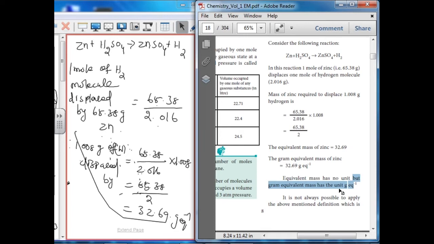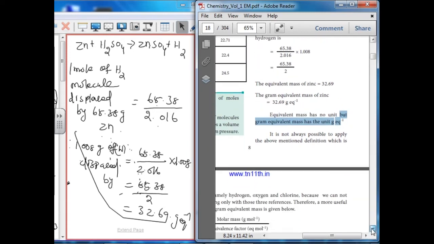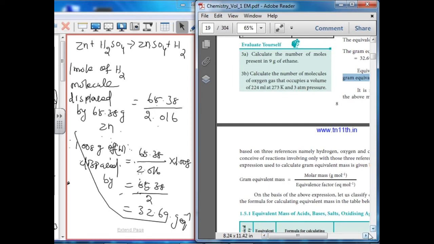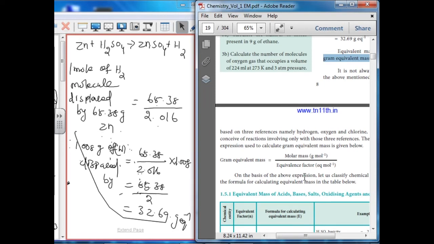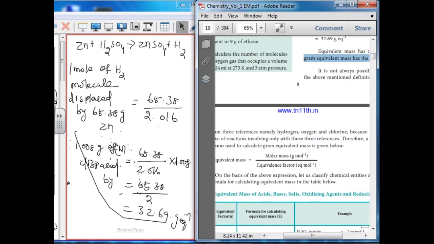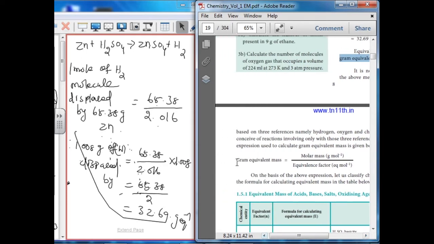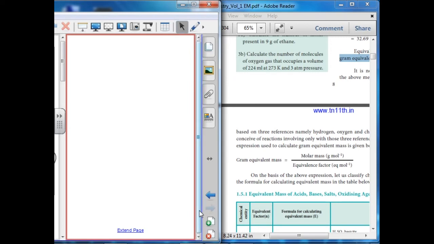It is not always possible to apply the above mentioned definition, which is based on the three references, namely hydrogen, oxygen and chlorine, because we cannot convey for the reactions involving only those three references. Therefore, a more useful expression used to calculate the gram equivalent mass is given by the formula: gram equivalent mass equal to molar mass divided by equivalent factor.